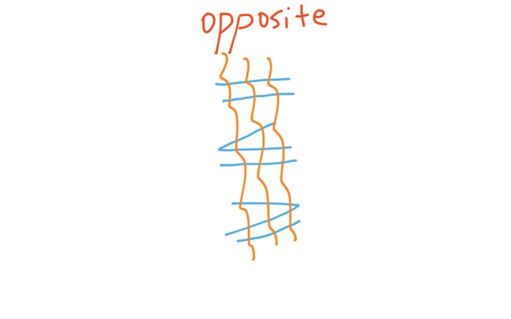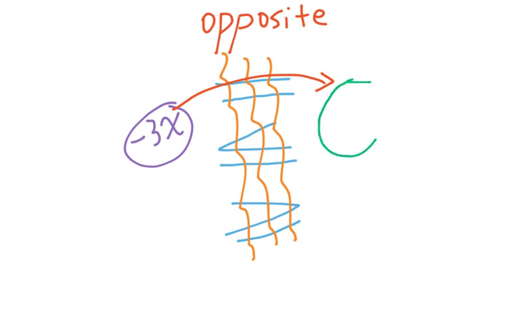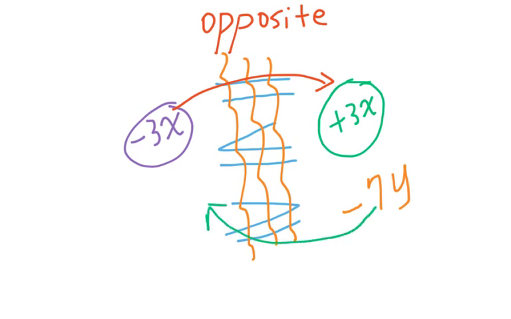In other words, if I have negative 3x on the left side and I want to move it to the other side, I need to change the sign into positive 3x. If I have negative 7y on the right side of the equation and I want to move it to the other side, I need to change it into positive 7y.